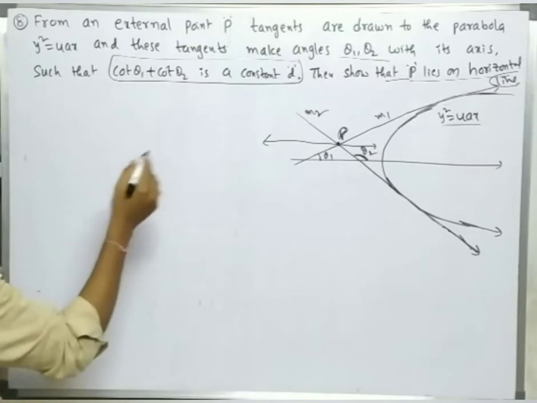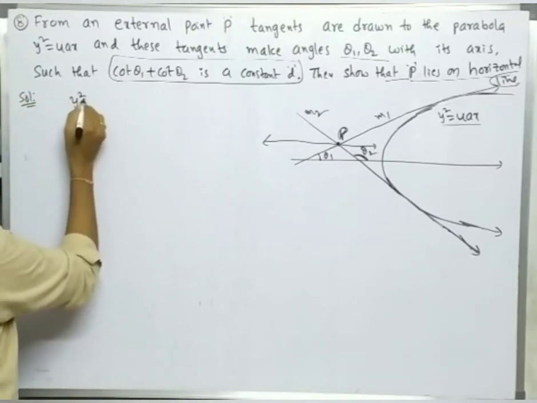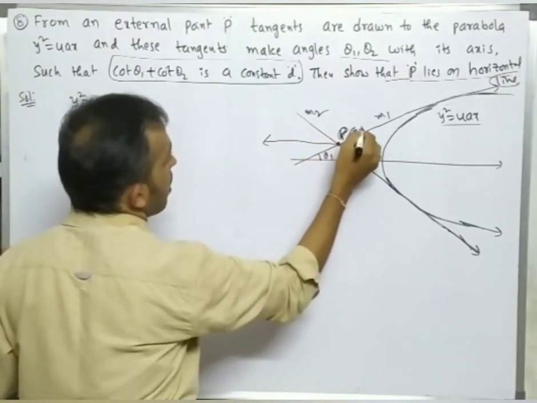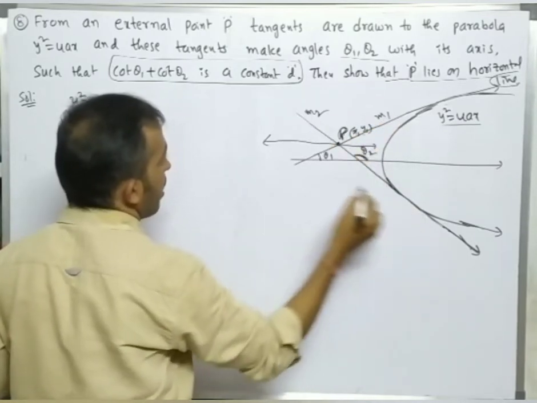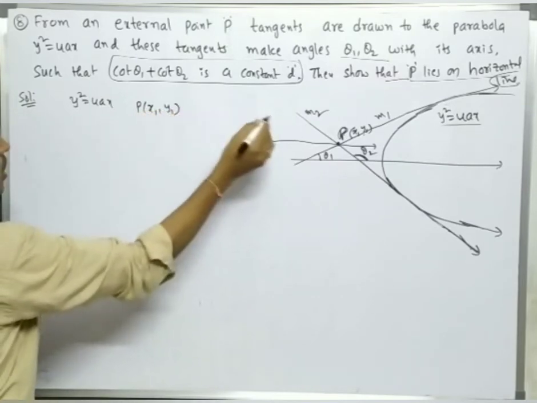For that, the discussion is about the tangent, that means y square is equal to 4ax. Let P be a point on the tangent, that is x1 comma y1. That means P lies on this tangent line and this tangent line also. So P x1 y1 is a point on the line.